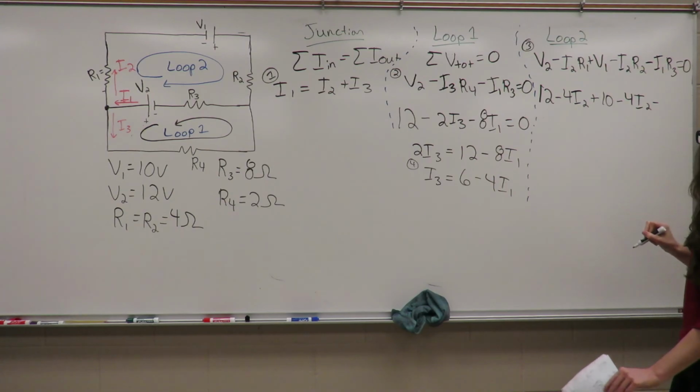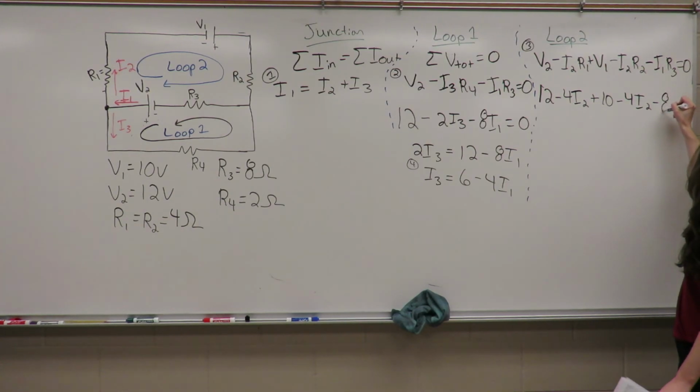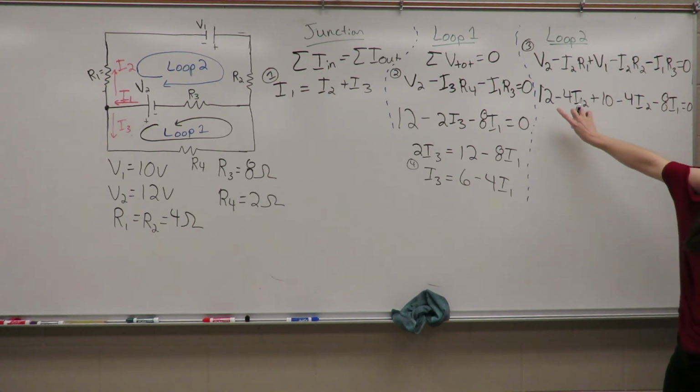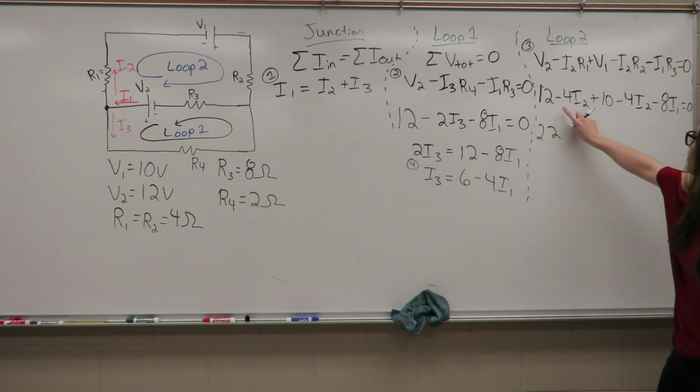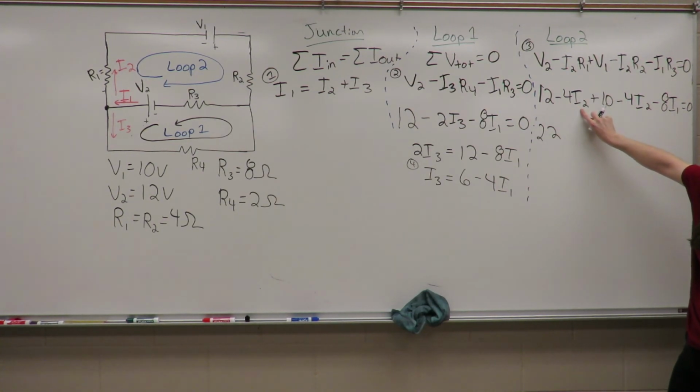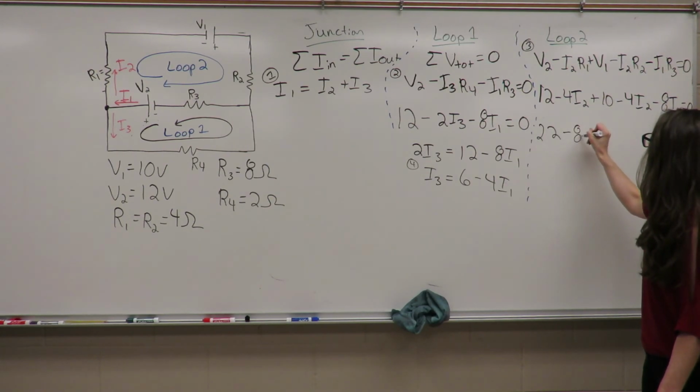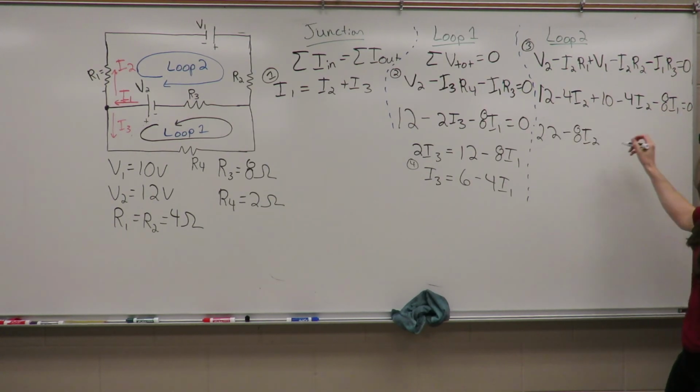Resistor 3 is 8 ohms, so that's going to be minus 8I1. That all equals 0. Now I'm going to combine the 12 and the 10, so that's 22. And then I've got my minus 4I2 and minus 4I2, so I'll put those together. That's minus 8I2, and then I have my minus 8I1, that equals 0.